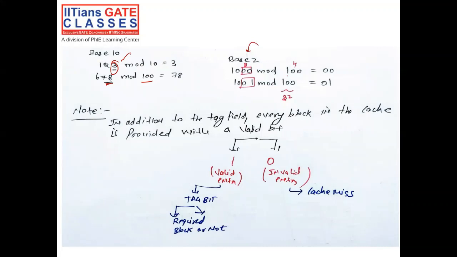If this is 4, it means 2 raised to 2, so 2 bits you have to use as the line number, right? Similarly, if 1000 is there, only the 2 bits 00 mean line 0. Similarly, the other 2-bit value means line 1, like this, right?